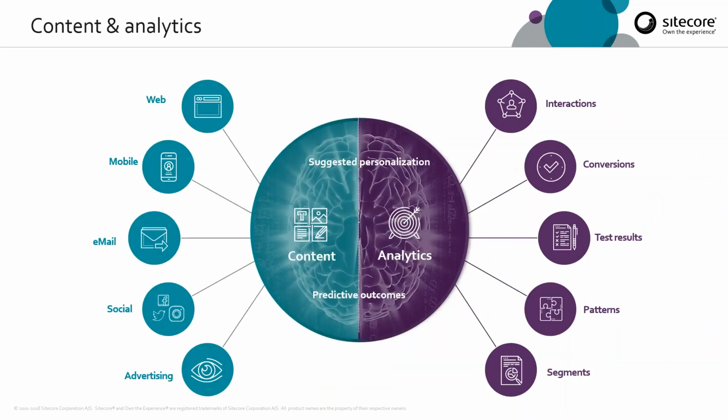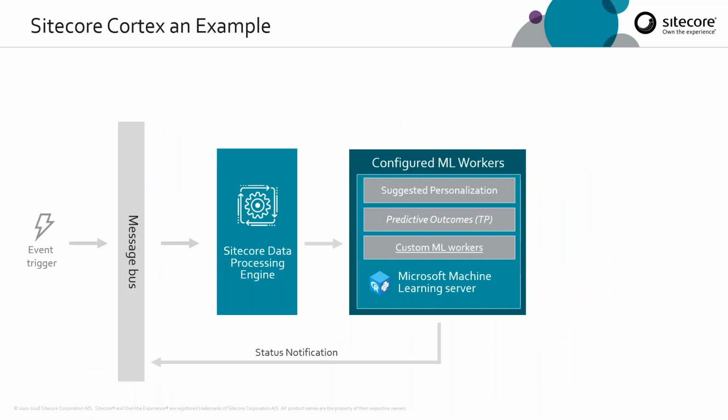But since we sit both on the content side and the analytics, and it's really one and the same platform, we can provide what we call the predictive outcomes in terms of looking at the data and coming up with good suggestions. So that was the small part of the slide earlier with the architecture, with the tool we call Sitecore Cortex, which is really just an umbrella term for all the things we can do inside Sitecore with machine learning.